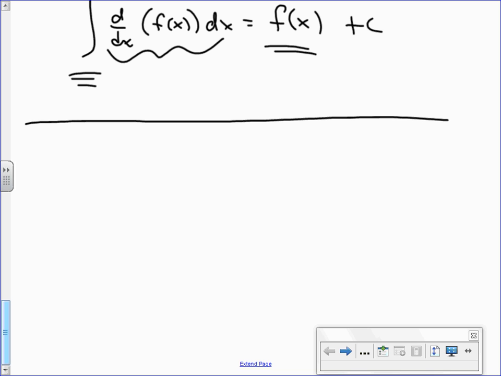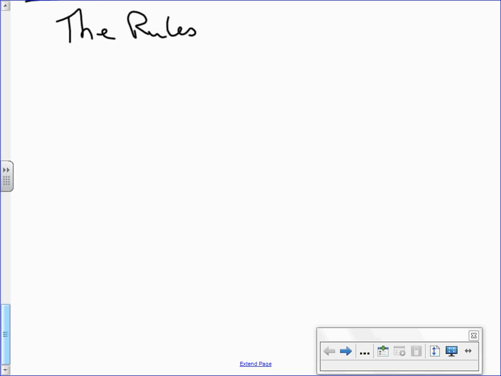Okay, let's get down to the rules. What can we do, and how can we do it quickly without having to panic? So first of all, remember that the derivative of a constant is 0. Okay, so therefore, over here, the antiderivative of 0 is a constant, any constant.